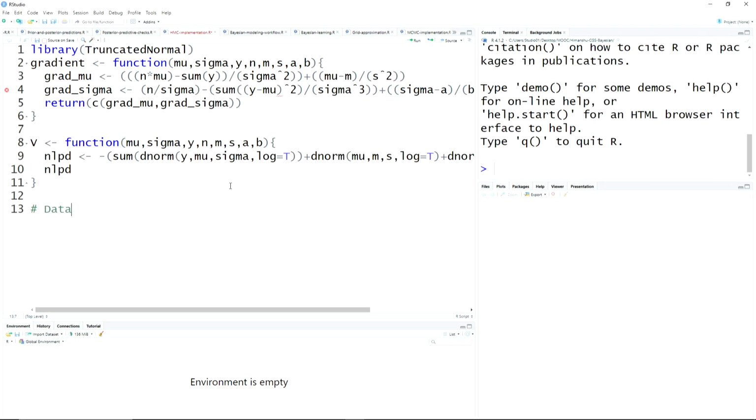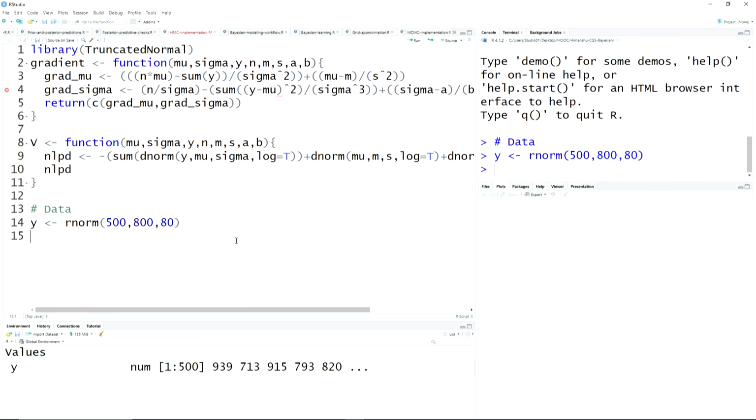So, first let us have data. Let us say this is your observed data y, and you have 500 data points from a normal distribution with mean 800 and standard deviation 80. This is your data. N is the length, so basically the number of observations, and then of course these are your likelihood and prior assumptions.